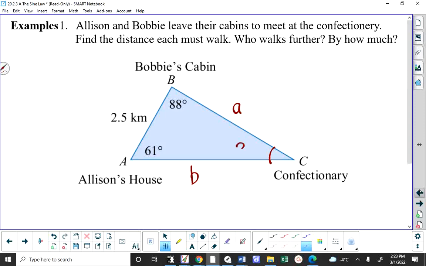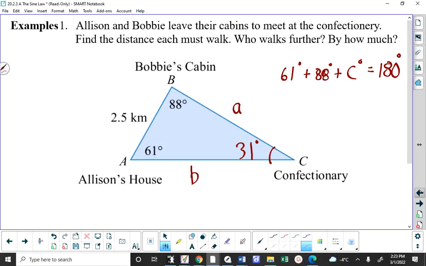And what we're doing here, and it may seem very obvious to some of you, but on a written response you would need to show this, is that those three angles, 61 degrees plus 88 degrees plus angle C, has to give us a grand total of 180 degrees because that's how triangles work. And how you sort that out in your head, whether you add those angles and take them away from 180, or whether you solve it as an official equation like I've written, doesn't matter.